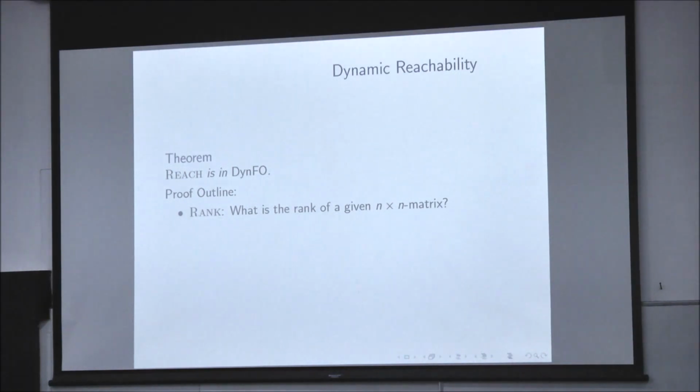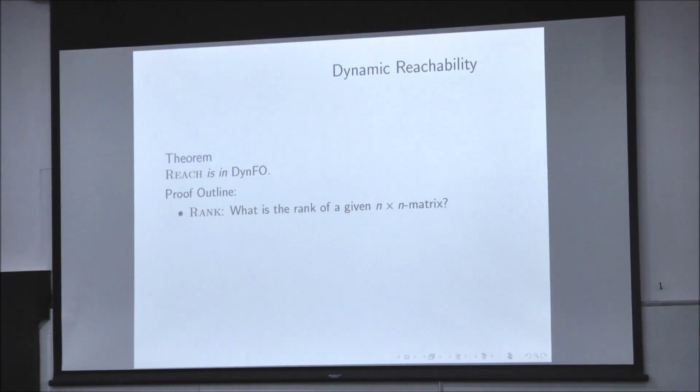This was by a paper of Immerman and Patnaik, who established this area of dynamic complexity and introduced the first couple of problems which could be in dynamic first order, and dynamic connectivity was one of those. On the other hand, they conjectured that reachability was in dynamic first order, but they couldn't prove it.